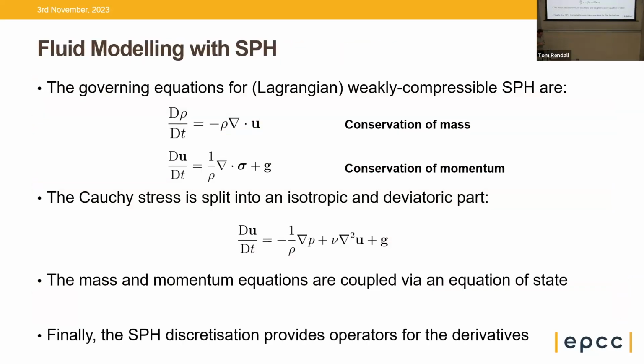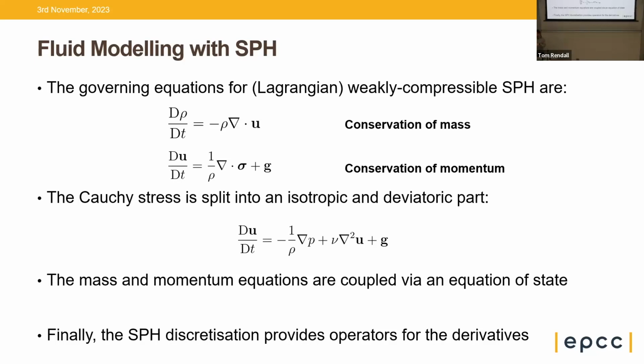Okay, so I'm going to talk a bit about how we actually model this. First, a very quick introduction to fluid modeling with SPH. I probably don't need to go into too much detail, but the two main equations for Lagrangian weakly compressible SPH are the conservation of mass and the conservation of momentum.